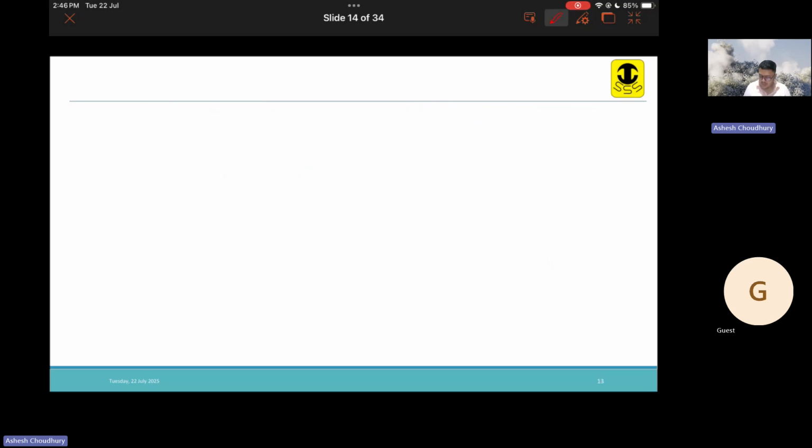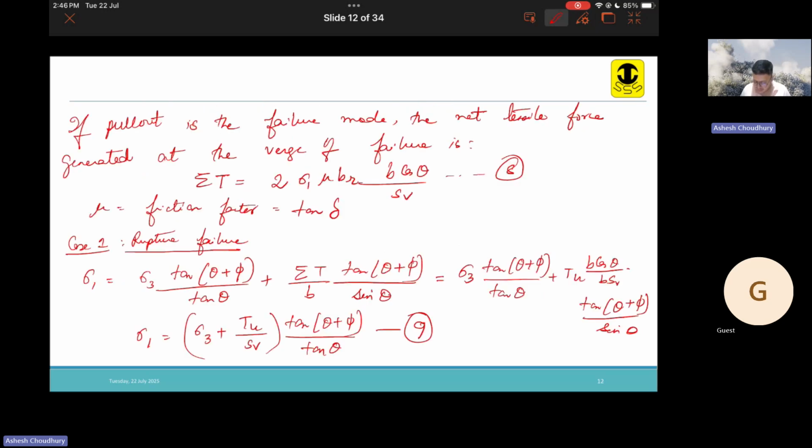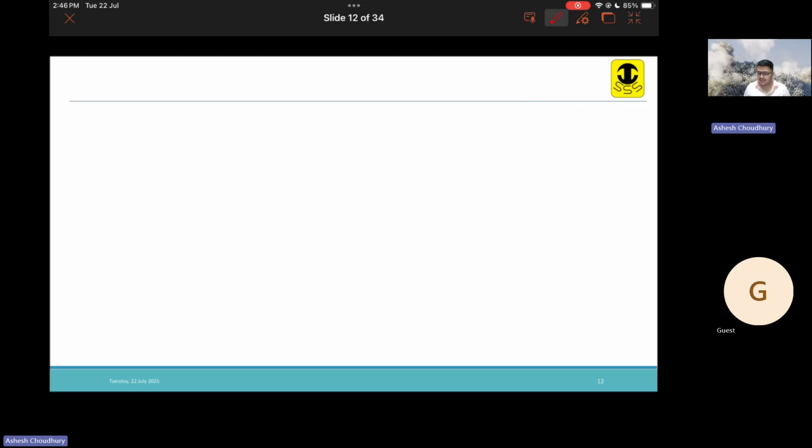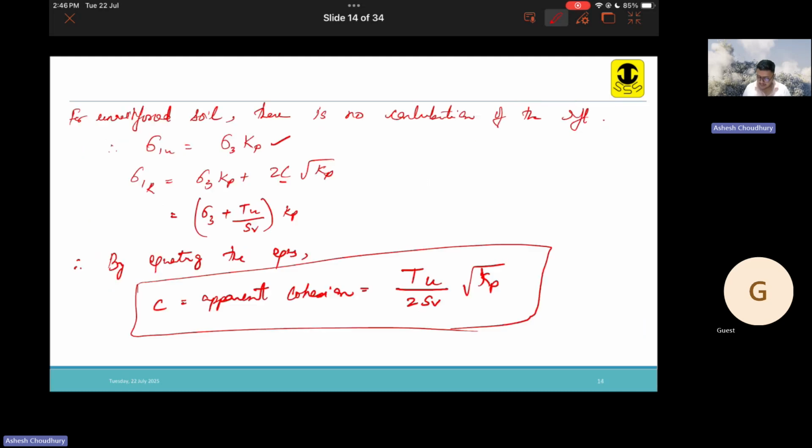So what we saw, this was case 1, right? Rupture failure. When rupture governs the mode of failure, at that time apparent cohesion describes the increase in strength due to reinforcement.